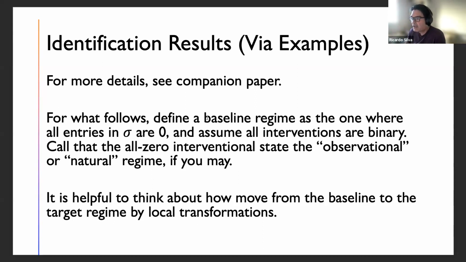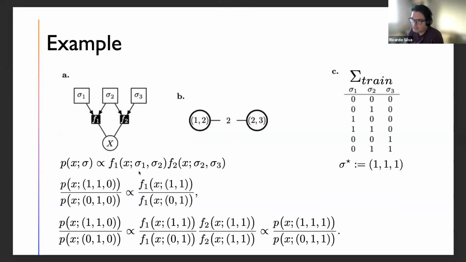So assume we have a baseline regime. This is just arbitrary. Here I'm just defining that the baseline regime is all intervention levels set to 0 across a vector. I want to think about how to move from this baseline regime to the particular target regime you're interested in. So let's see this by an example.